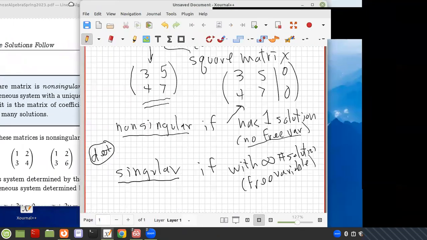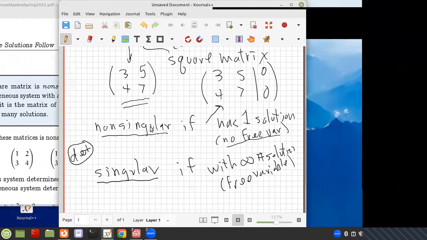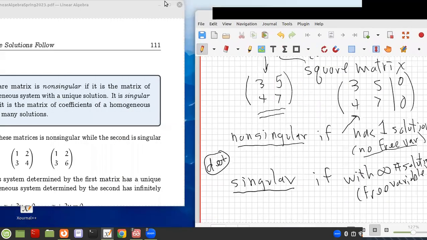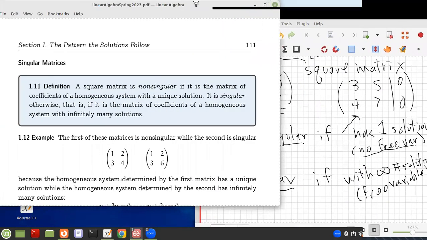Okay. One of the problems is I give you two matrices and ask you which one's singular, which one's non-singular, and you don't compute the determinant. We have a chapter later on about determinants.